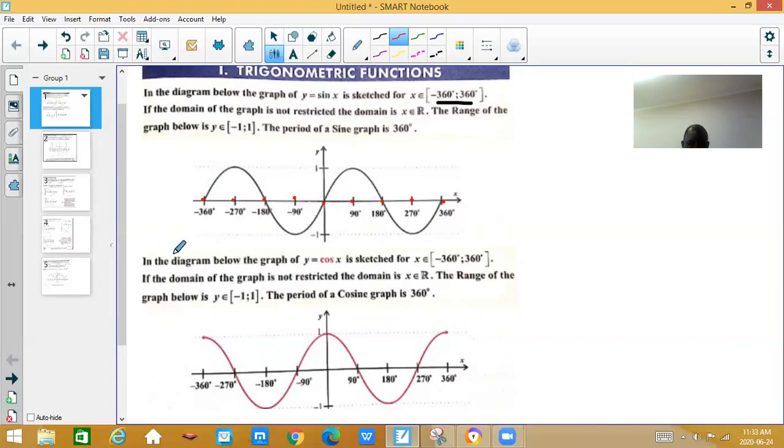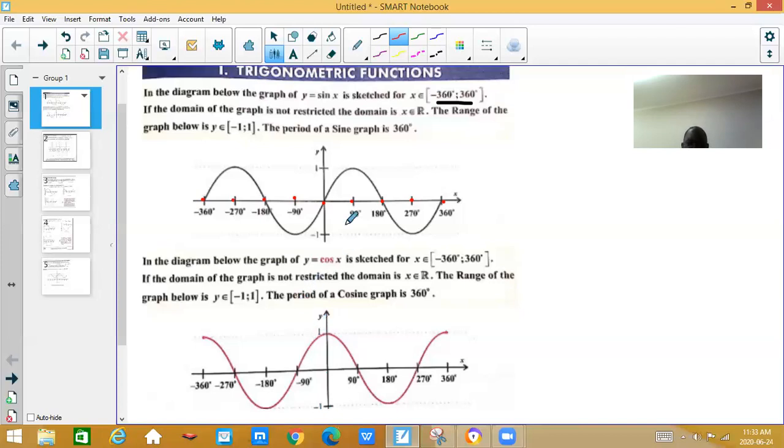For cosine, in the diagram below, the graph of cosine now is different from that. It is sketched for you from the same range, from minus 360 to 360, and this also oscillates between negative 1, which is the minimum value, and 1, which is the maximum value.